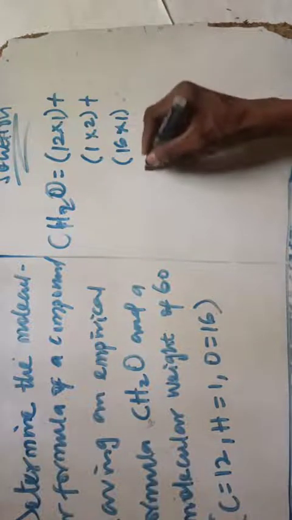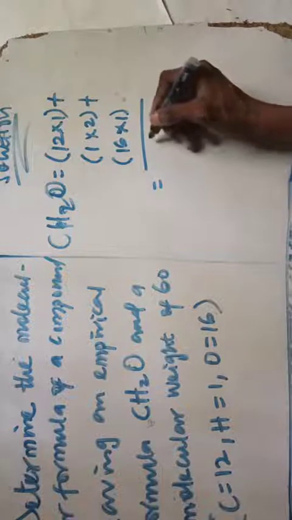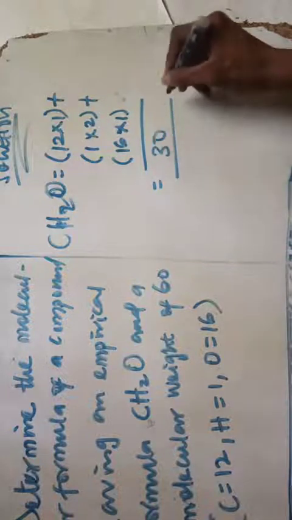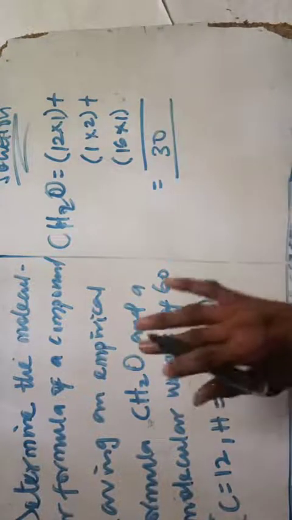Everything will be 12 plus 2 plus 16, that will be 30. So this is the empirical weight of CH2O.